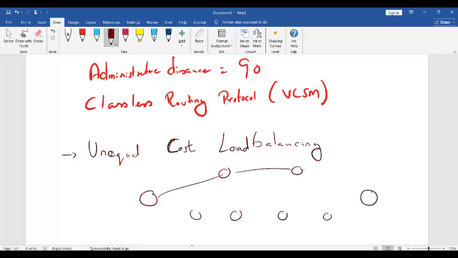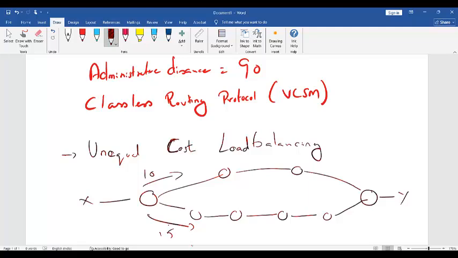Going via one path over the other path depends on the metric. Let's say, to reach Y from X, cost is 10. To go this way, the cost is 15. What do you call this as? Unequal cost path.